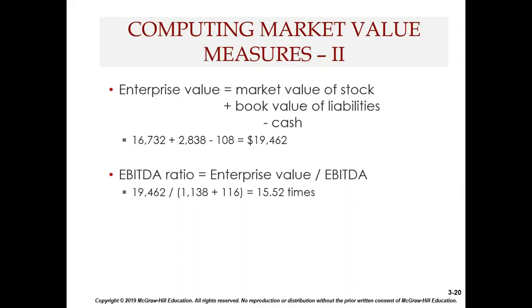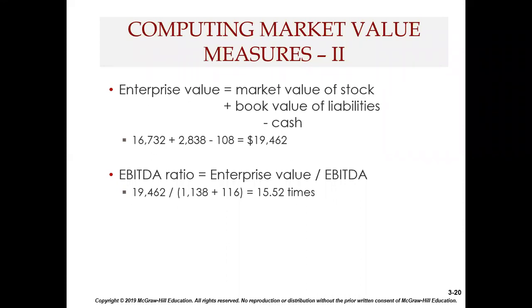So this is measuring market value of those operating assets. Earnings before interest and taxes, depreciation and amortization ratio. We take the enterprise value and divide it by, so it's really saying how well we use the assets at market value, those operating assets, to produce earnings before interest, taxes, and the depreciation and amortization. We ignore those.